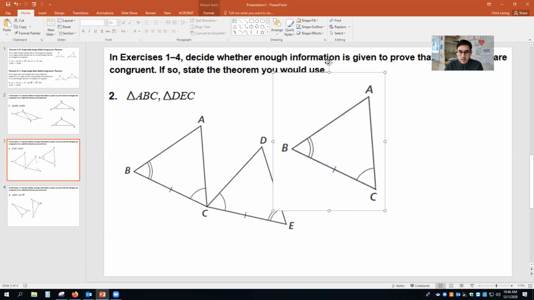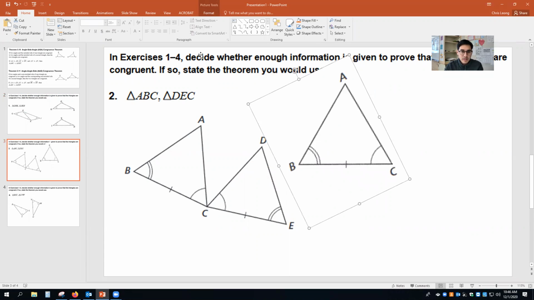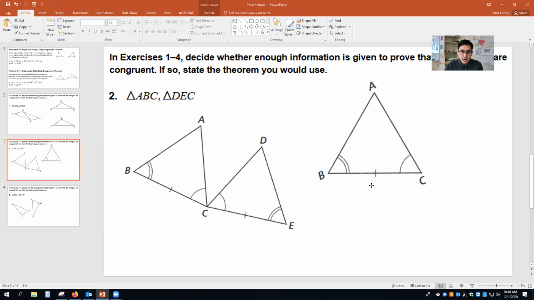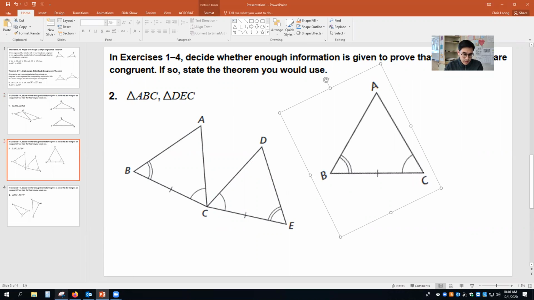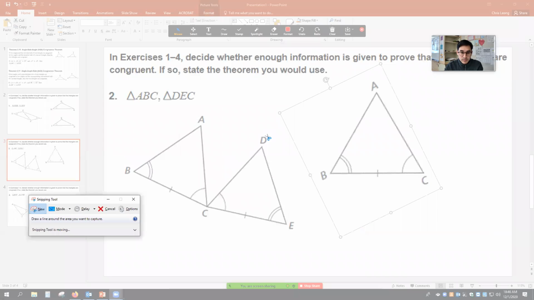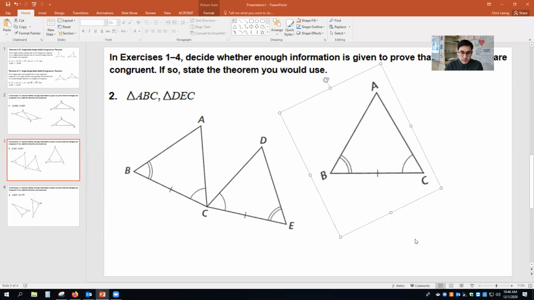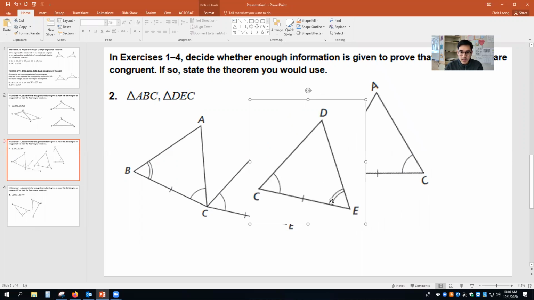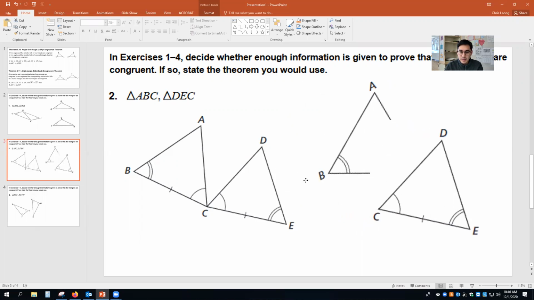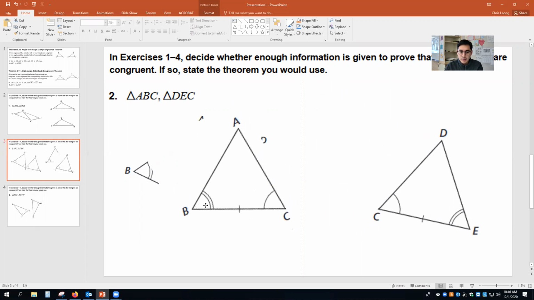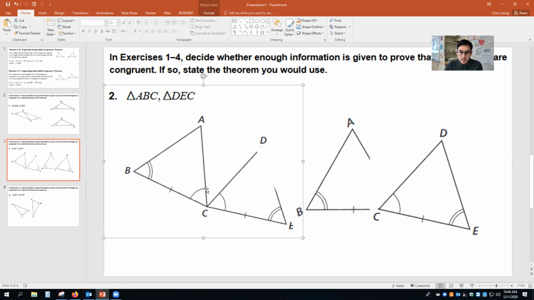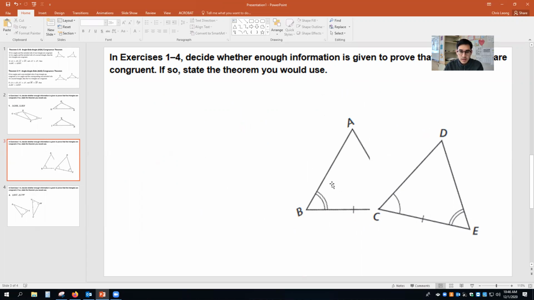So there's triangle ABC, and there's triangle DC. I don't even need that anymore, just delete that.